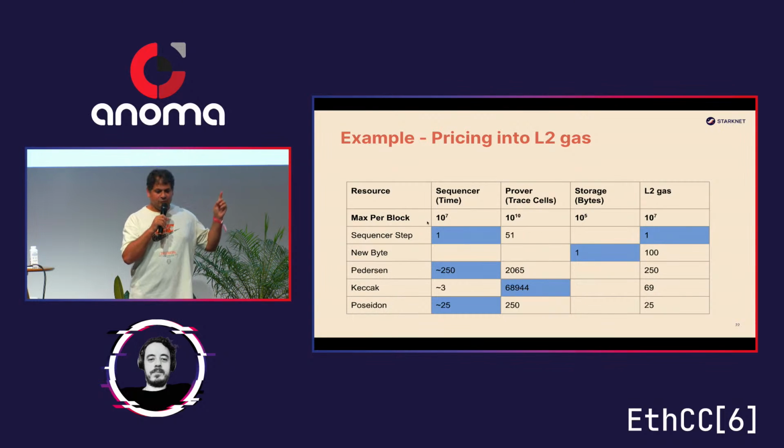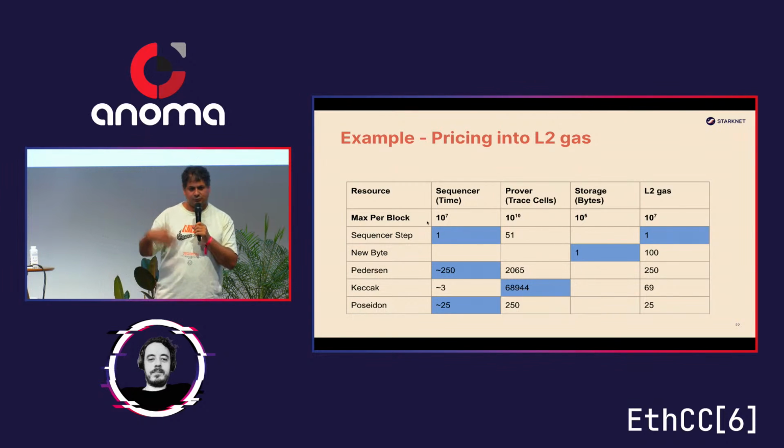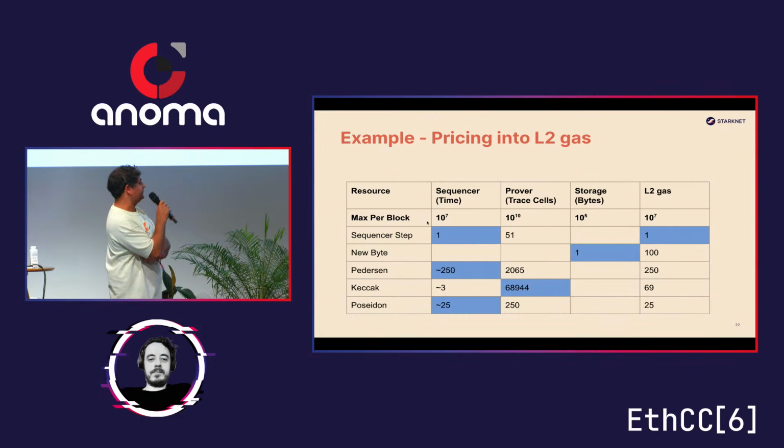And what we are going to do, every time we look at the prover and at storage, is compare the percentage that some operation is taking to the sequencer time. If the sequencer time in percentage is higher, we choose this. If the percentage of the operation on a different column is higher, we will just convert it to steps.